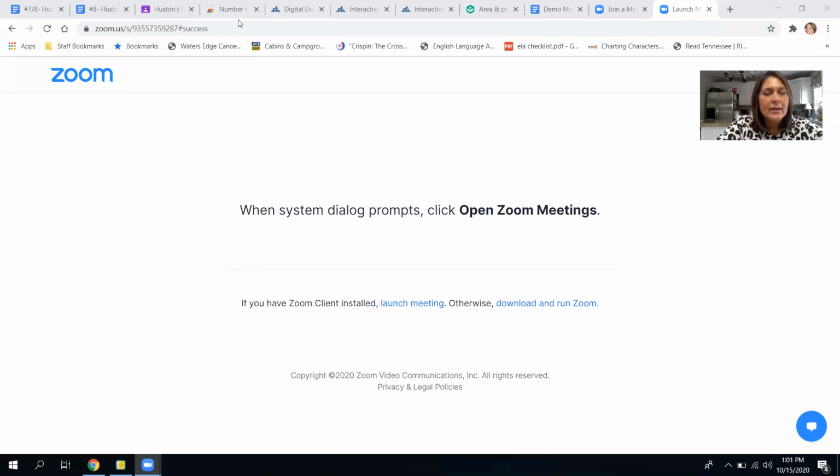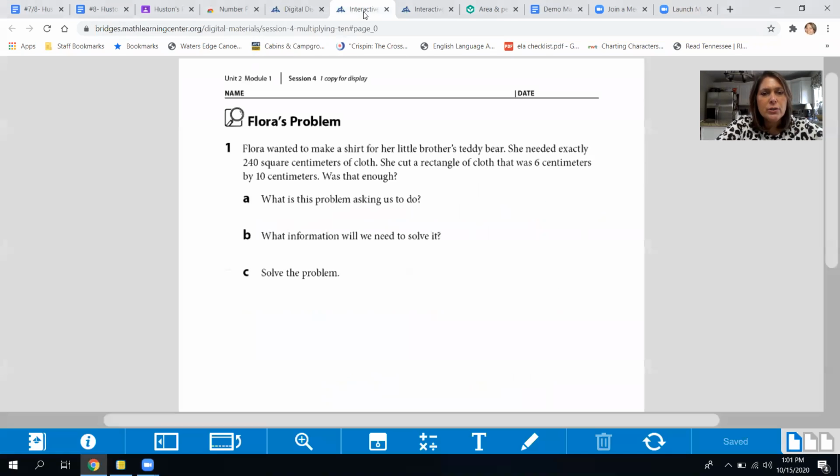So I'm going to start by sharing my screen so that I can provide some information to you. And we're going to start with a problem in bridges. And you actually have this page in your student book.